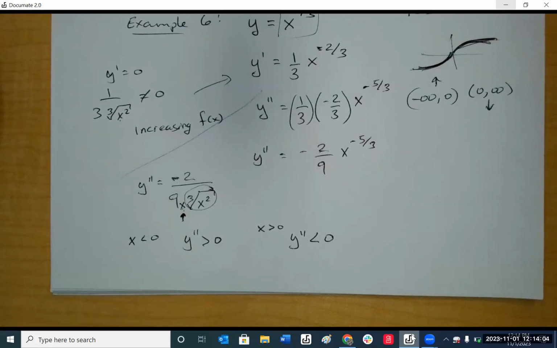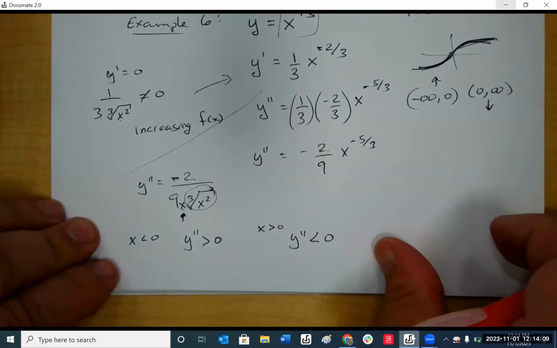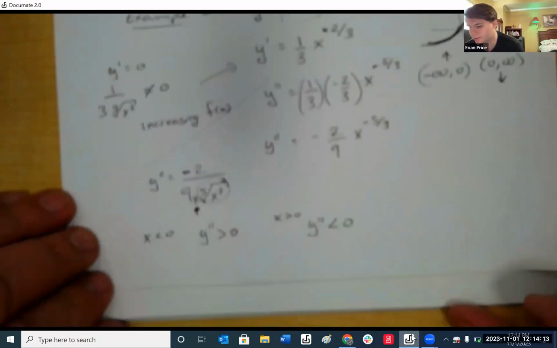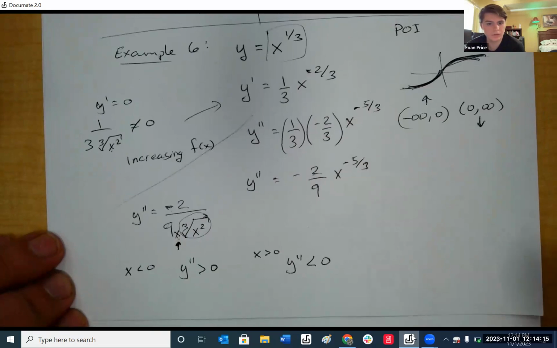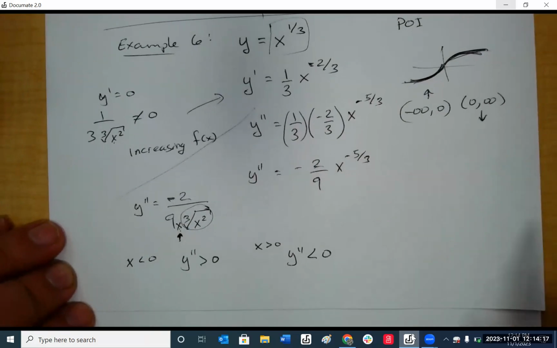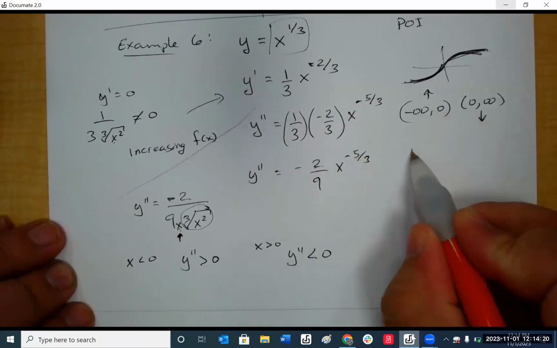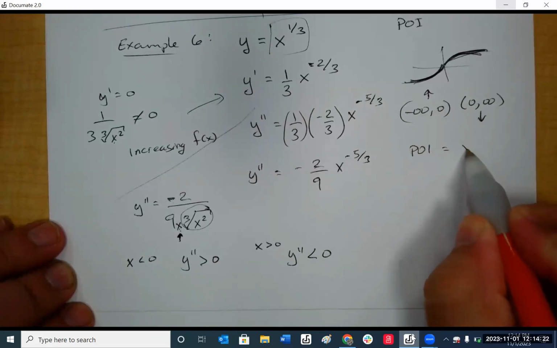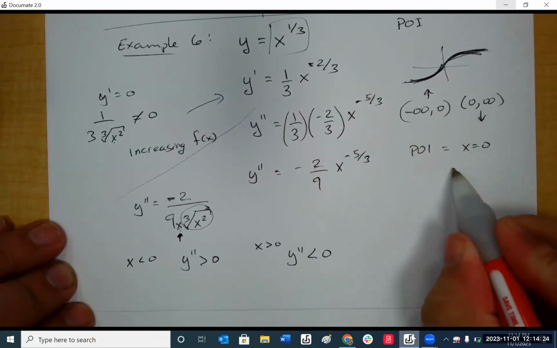That's an interesting question, though. Holy smokes, we have a lot of them. Okay, let's look at example 7. Do we have a point of inflection? Yes and no. Because it happens at 0, so the POI is at x equals 0, at the origin.